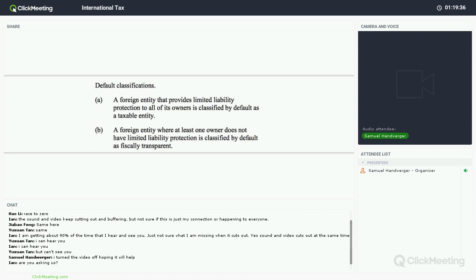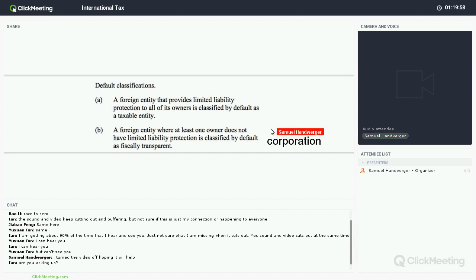And the case where the foreign entity has at least one owner that doesn't have limited liability will not be considered a corporation. So that's B. It's called fiscally transparent because at least one person has liability issues, they're not protected.